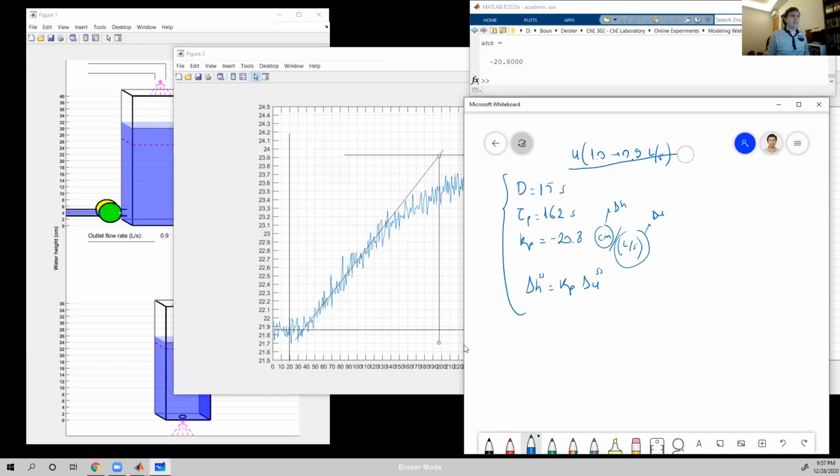And the typical next step could be, since we have these delta, Kp and tau p values, let's use Cohen-Coon formulas and find the PI controller settings and finish the whole thing.